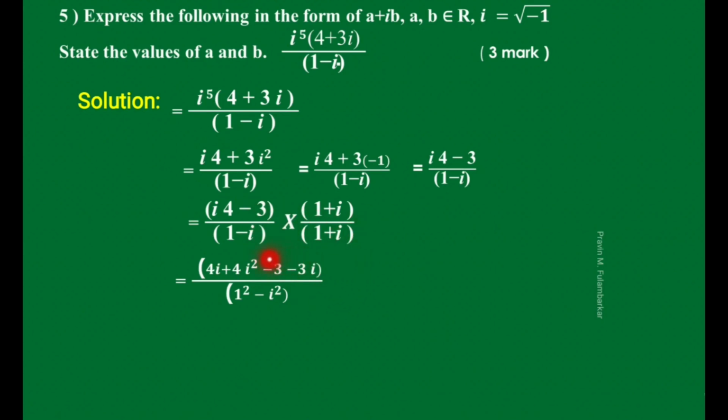In the denominator we use the form (a minus b)(a plus b), that is a squared minus b squared, so we write 1 squared minus i squared. Replace the value of i squared by minus 1.